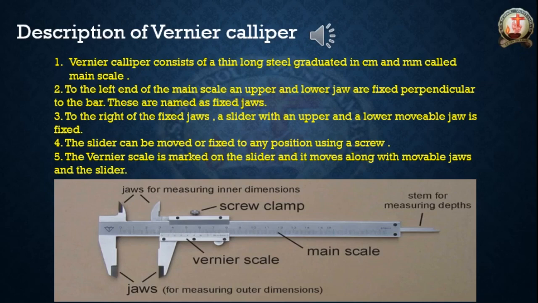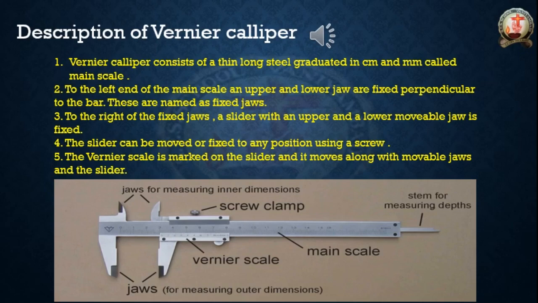After that we should observe the figure that I have mentioned here. Vernier caliper consists of a thin long steel bar graduated in centimeter and millimeter called main scale. So please see the figure.